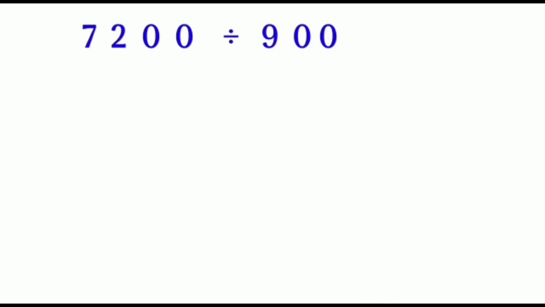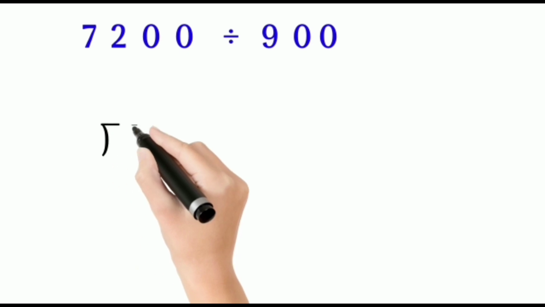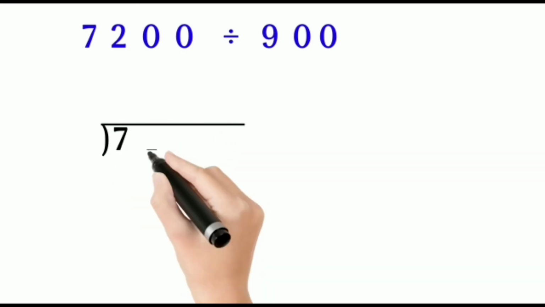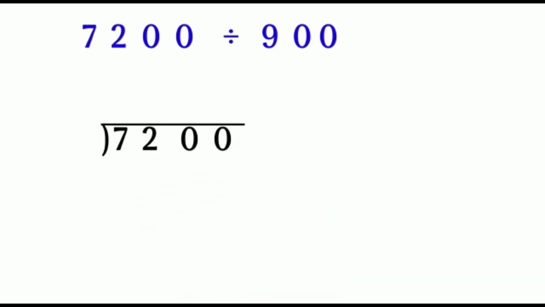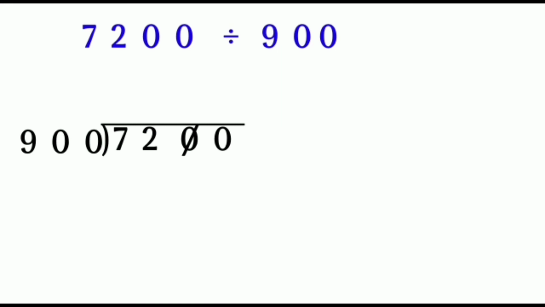Divide 7200 by 900. Here both dividend and divisor have 2 zeros. So we can remove the zeros and divide the remaining digits. First we remove 2 zeros from 7200, that is the dividend. We get 72.